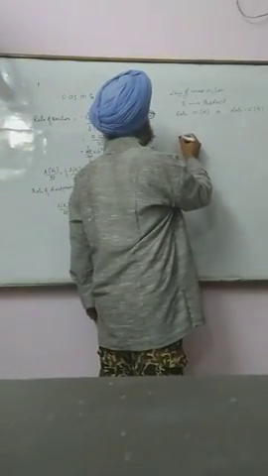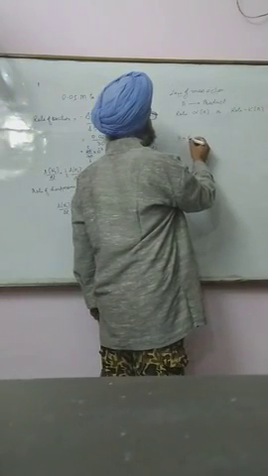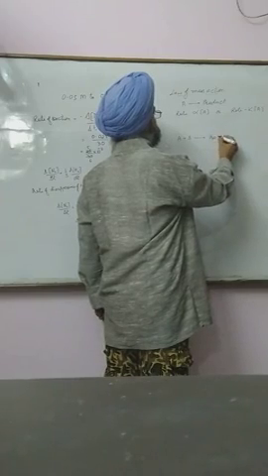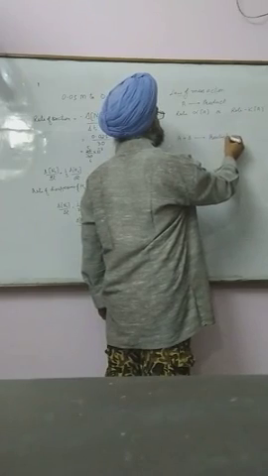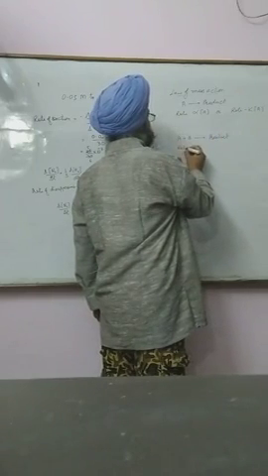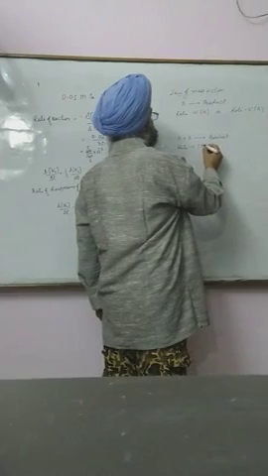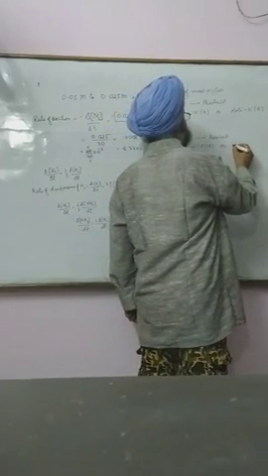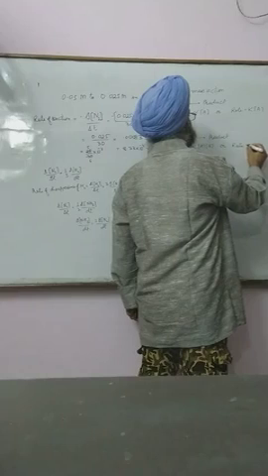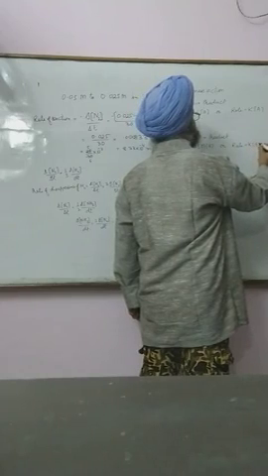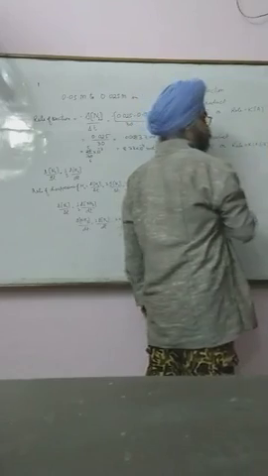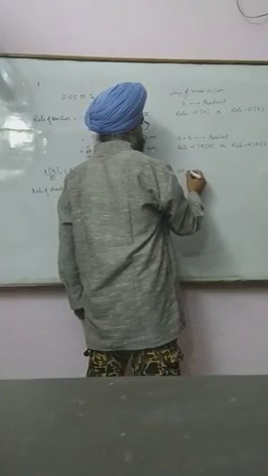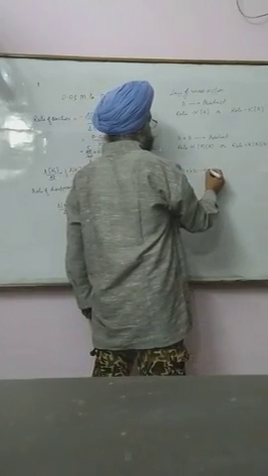Similarly, A plus B gives product. Then rate is proportional to the concentration of A and B, or rate is equal to K [A][B]. Suppose a moles of A and b moles of B give product.